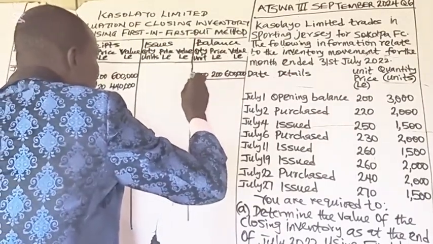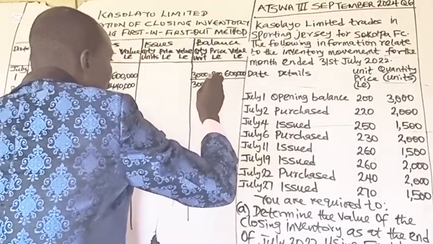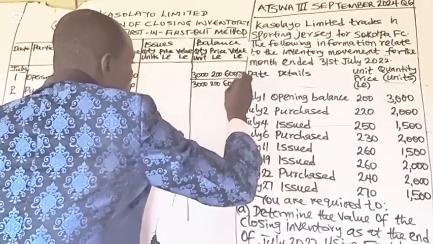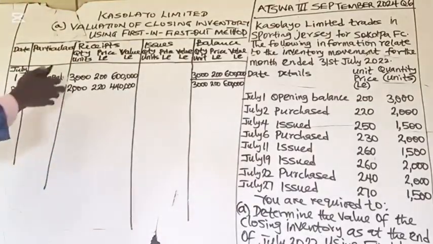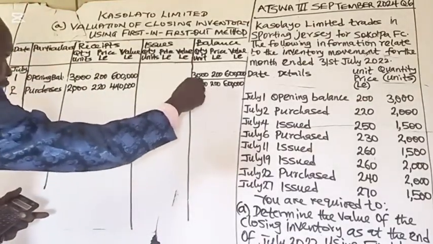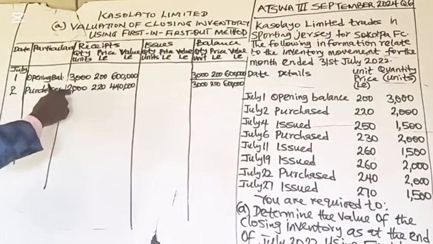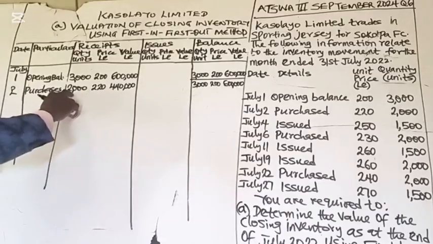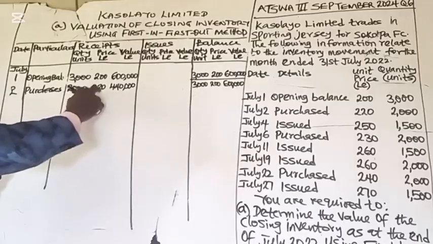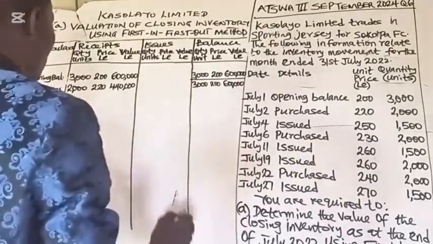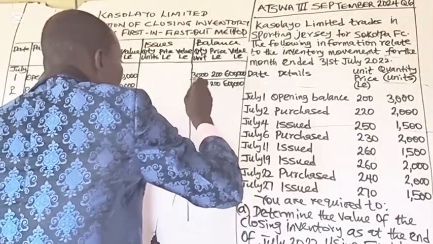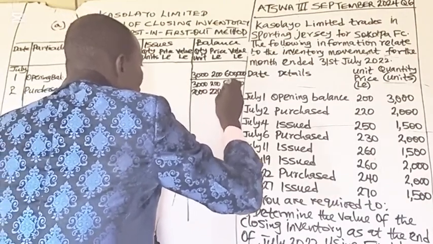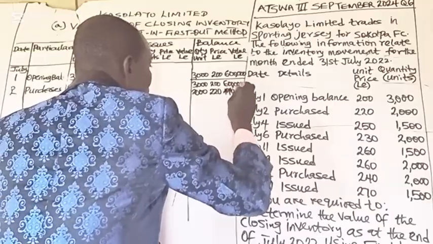So you have 3,000 units at 200, giving us 600,000. Then the one purchased, 2,000 at 220, valued at 440,000.